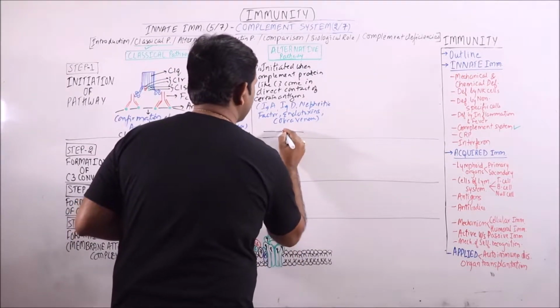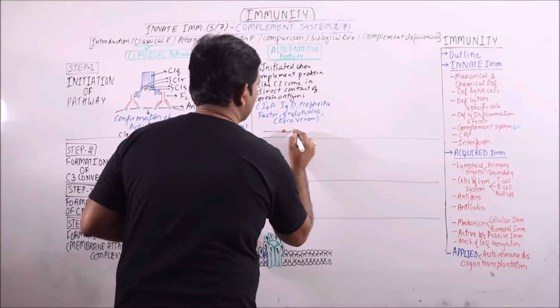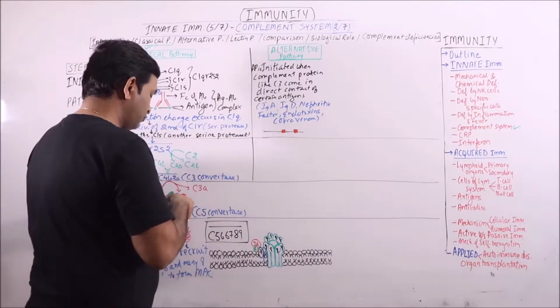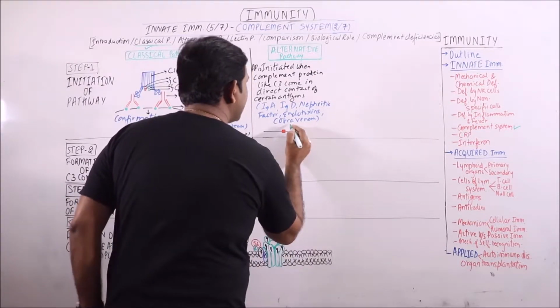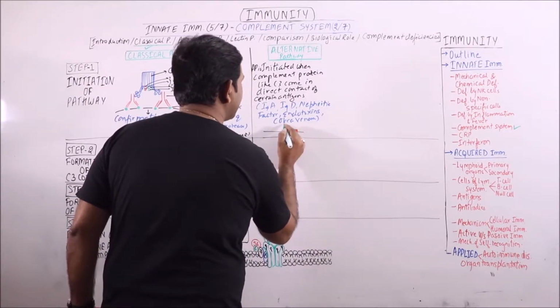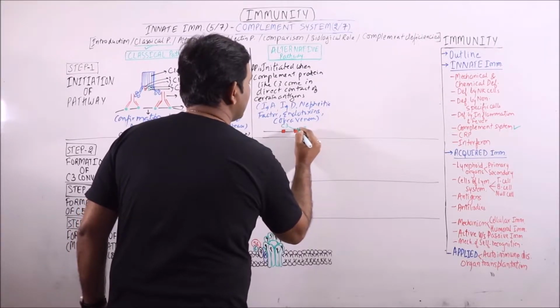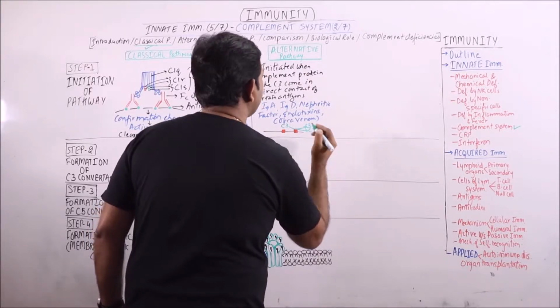For example, this is an antigen. So these antigens will result in directly spontaneous hydrolysis of complement factor C3. So it will be hydrolyzed to C3a and C3b.